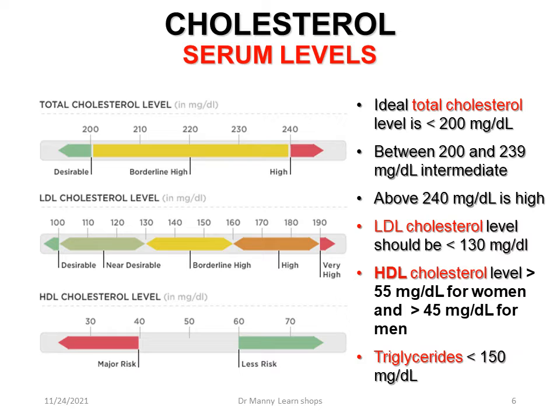Now, when we look at cholesterol serum levels, the ideal total cholesterol level is less than 200 milligrams per deciliter. Between 200 and 239 milligrams per deciliter is referred to as being intermediate. Above 240 milligrams per deciliter is high.